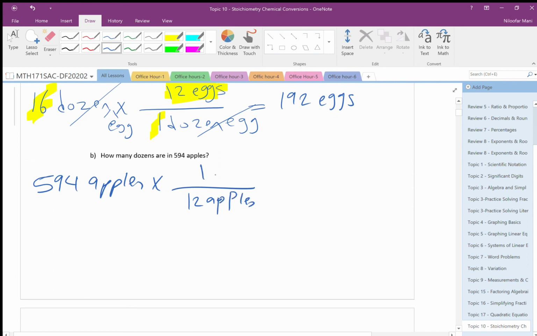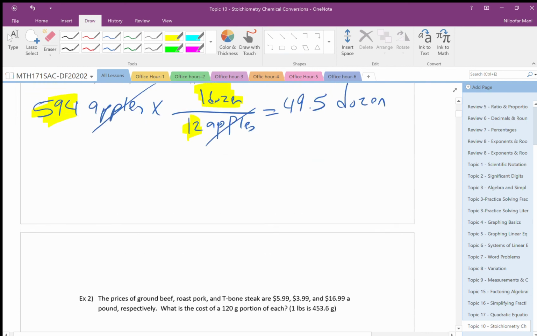Then I can cancel apple and apple. What is left is dozen, so it will be 49.5 dozen.